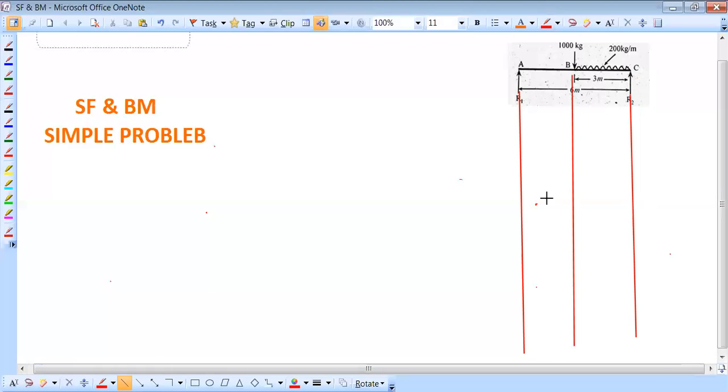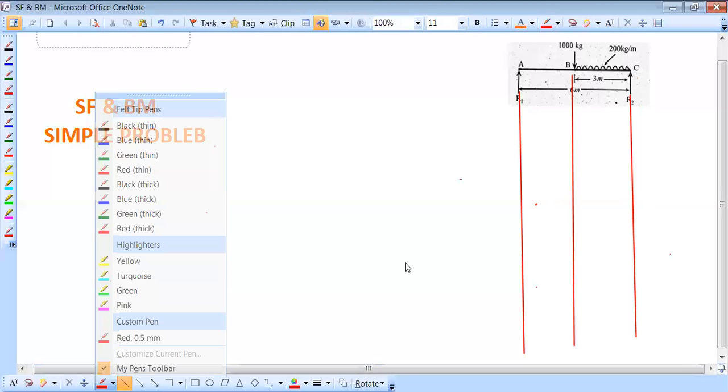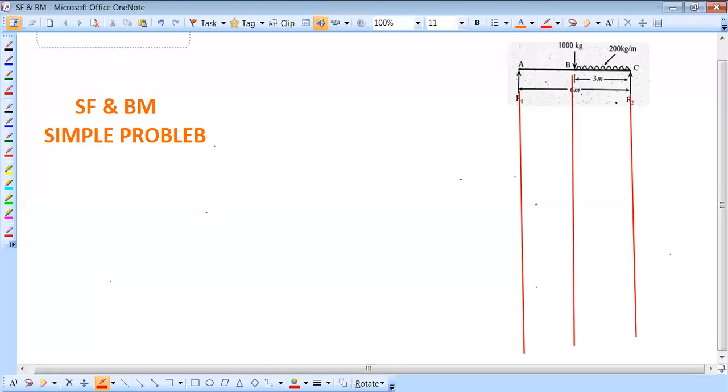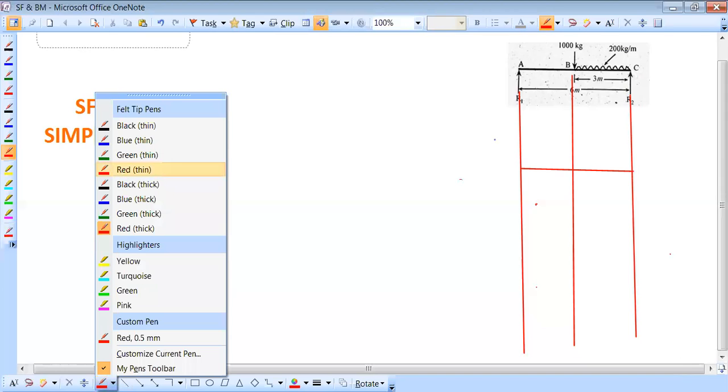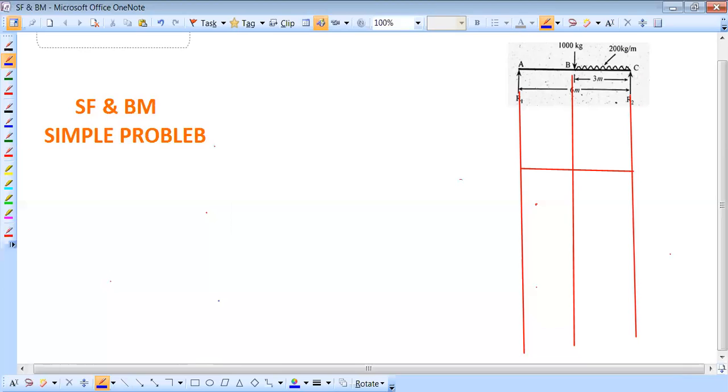Then draw another reference line. Take another coloring curve. Here you can see the value of the BM at different points.